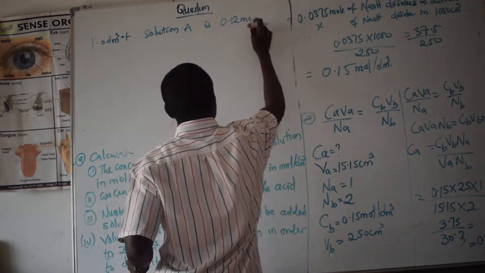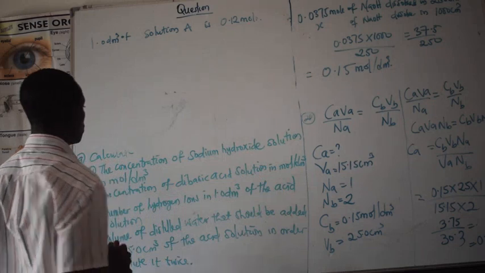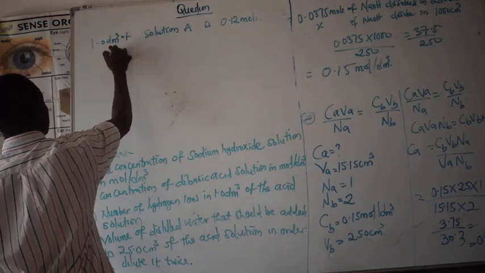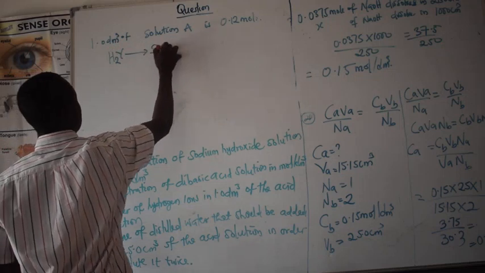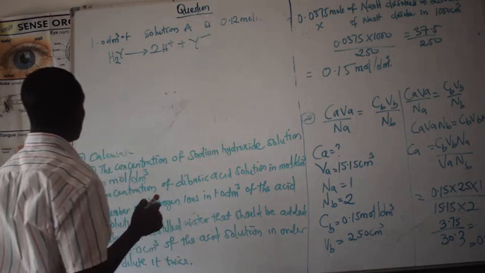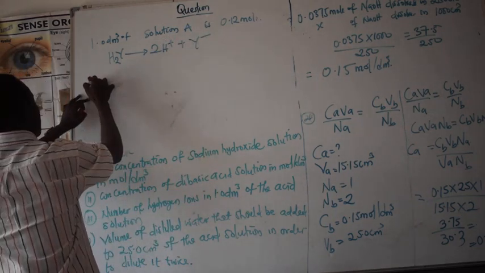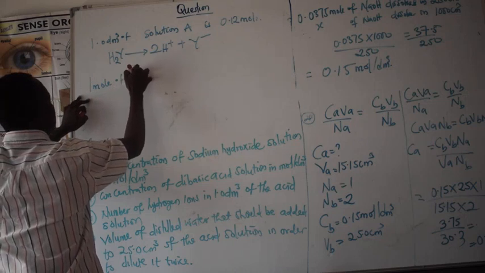And don't forget that when this dibasic acid ionizes in water, this is H2Y. When they ionize in water, you have 2H plus and Y minus.